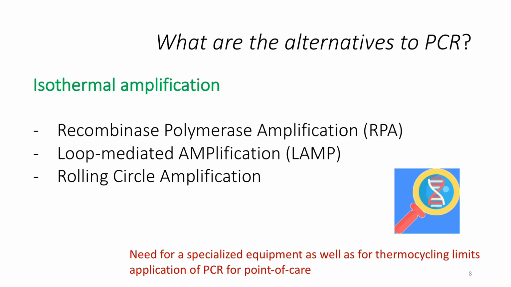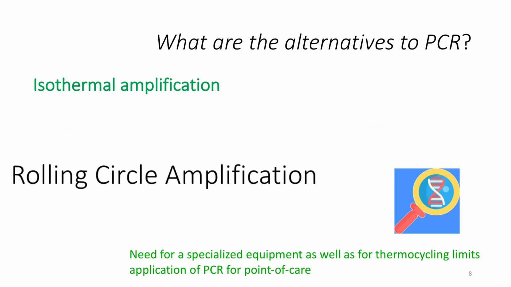They therefore do not need specialized equipment such as thermocycling, and can be applied in lab-on-a-chip systems, so they can be integrated. In this talk I will concentrate on rolling circle amplification, but it's not to undermine the other techniques.